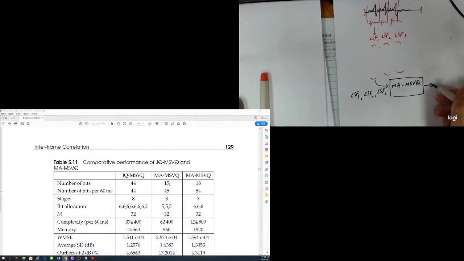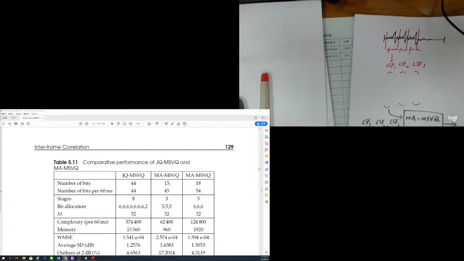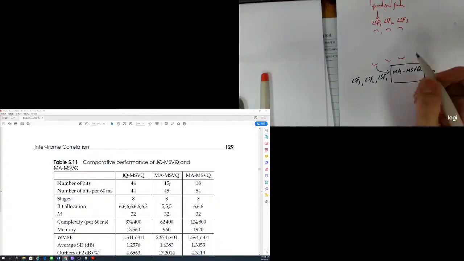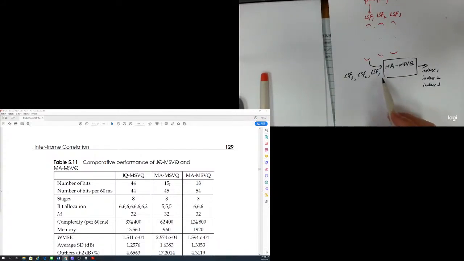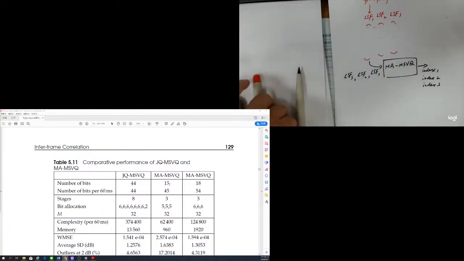Right now, when you get an index, you have index 1, index 2, and index 3. For each index here, you can see this table.